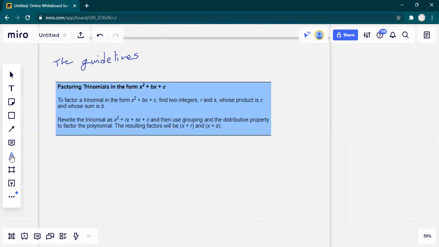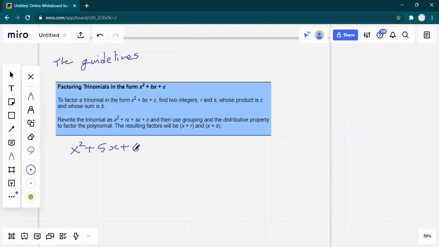Okay, let's start with a simple example, x squared plus 5x plus 6. To calculate the r and s, we are using a small table because we needed the factorization of the c. So we have c is equal to 6 and b is equal to 5.